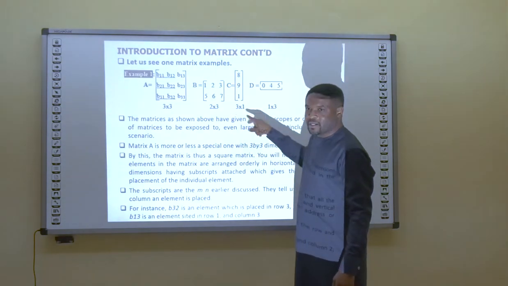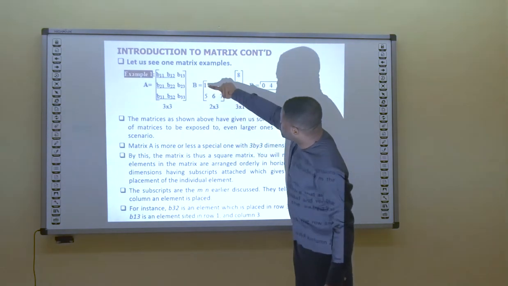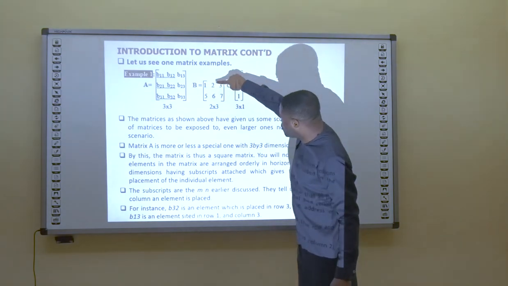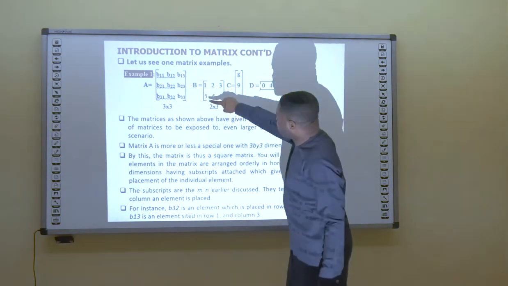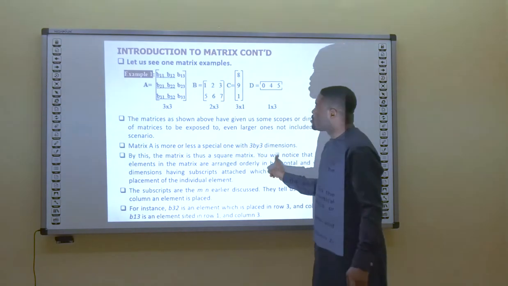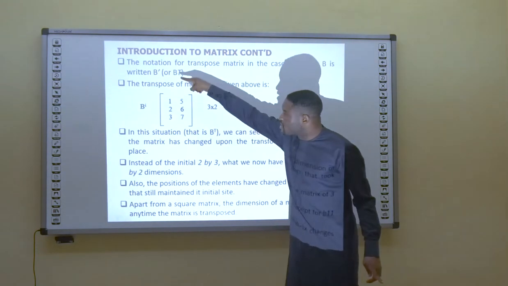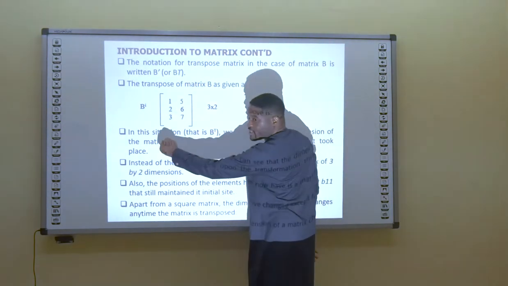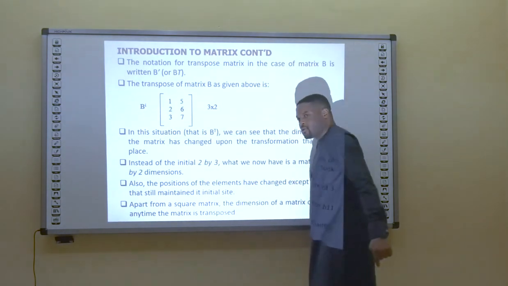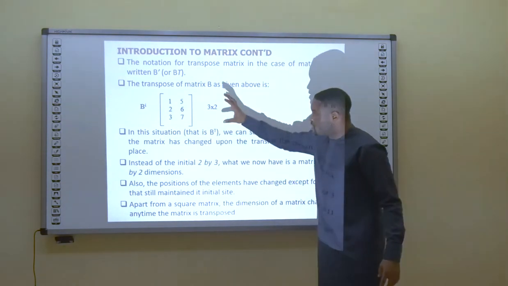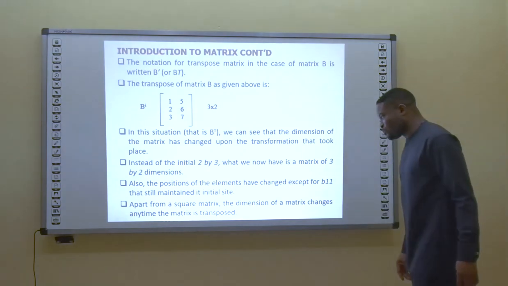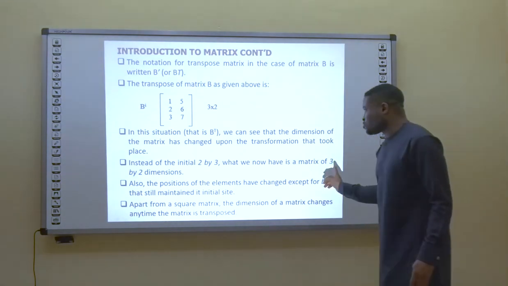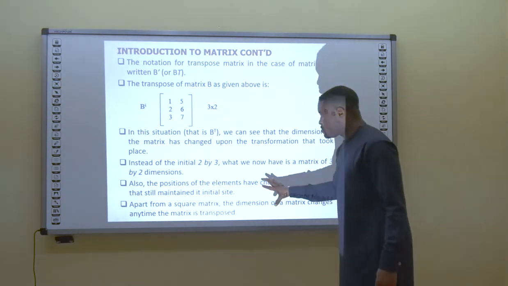A 2 by 3 matrix. So it means that we are going to transpose the first row into the first column and the second row into the second column. So you see that 1, 2, 3 now becomes the first column, and 5, 6, 7 now becomes the second column. This matrix has been transposed. So that's what we call the transpose of a matrix.